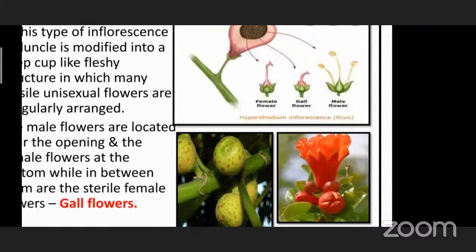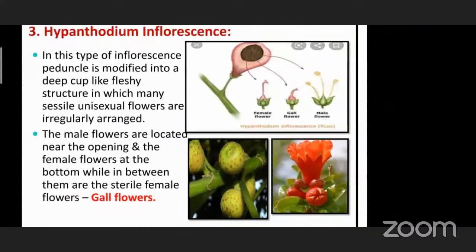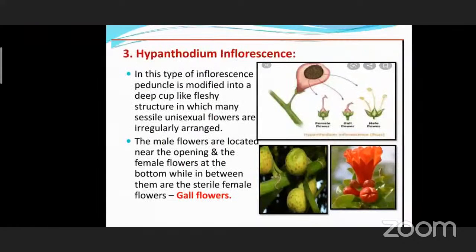These are examples of hypanthodium inflorescence. The special types of inflorescence are three. First one, verticillaster inflorescence. Second one, cyathium inflorescence. Third one, hypanthodium inflorescence. Okay, students, do you understand? These are the three special types of inflorescence.